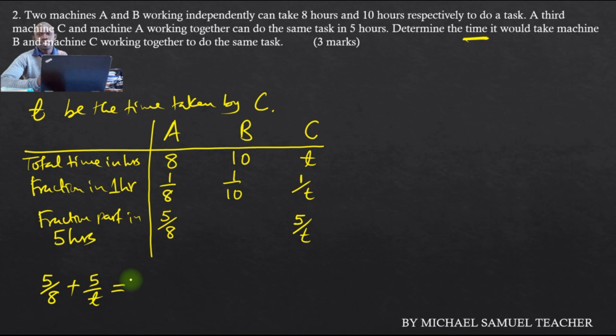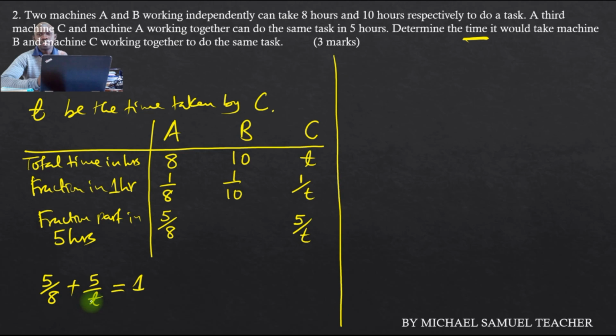Since they take the same time, 5 hours, to complete the task, and this is a fraction, all of it will be equivalent to 1. The sum of the fractional parts will be equal to 1, and therefore we can find the value of t.